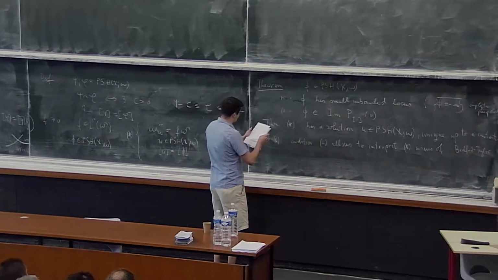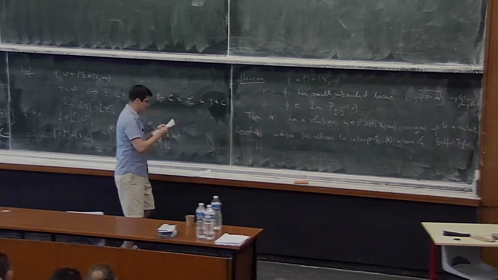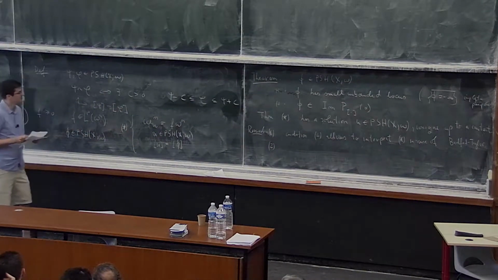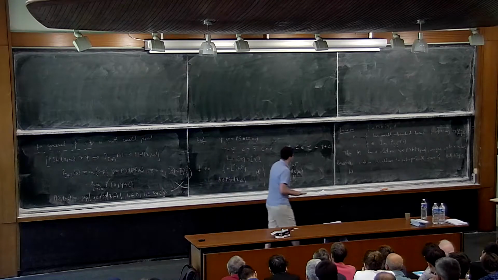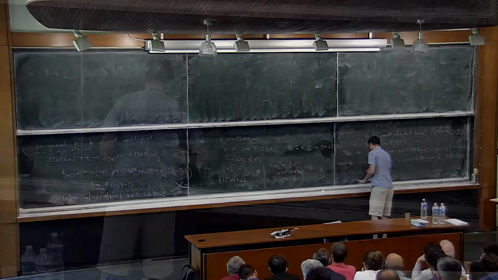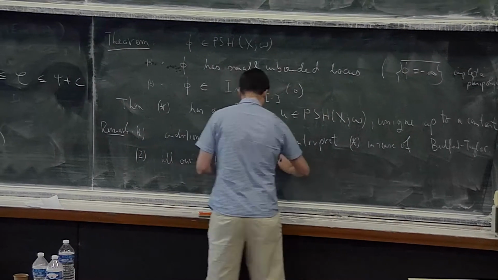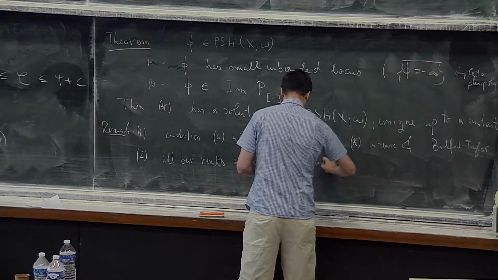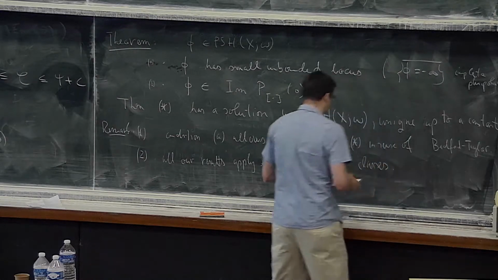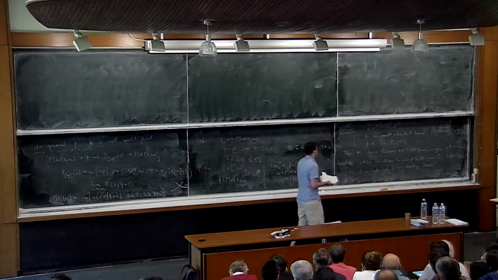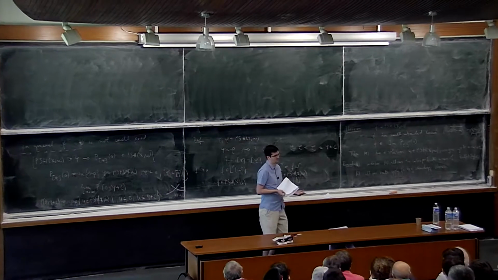Okay, so more remarks. Now all the results that I'll be talking about today apply in this context of big cohomology classes as well. If one is dealing with a big cohomology class instead of a Kähler class, in my eye, the main difficulty is that you don't really have a bounded potential to begin with.